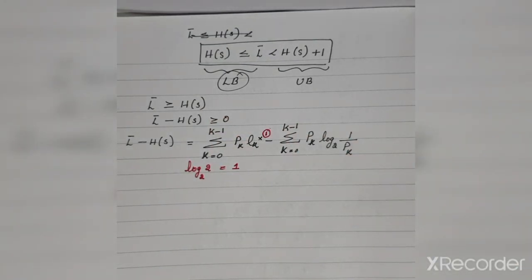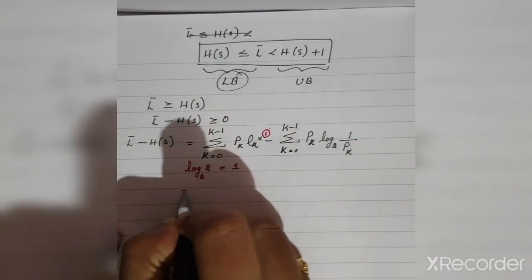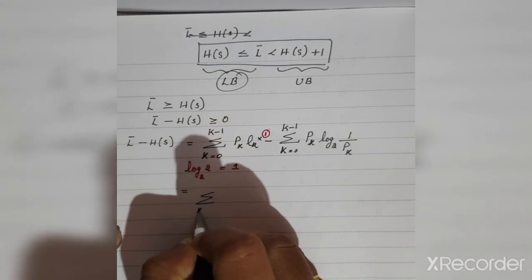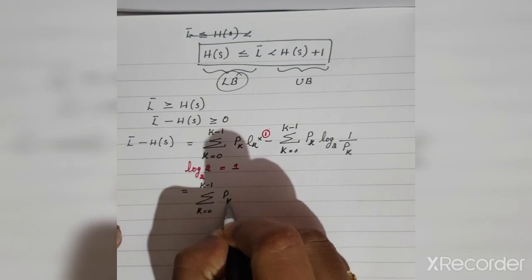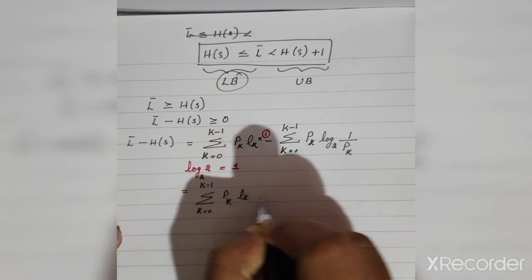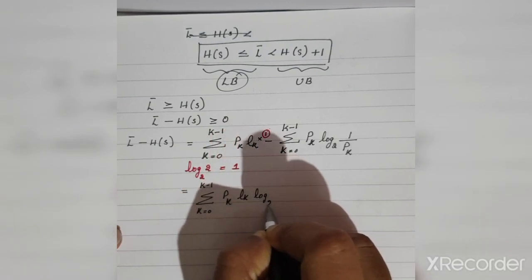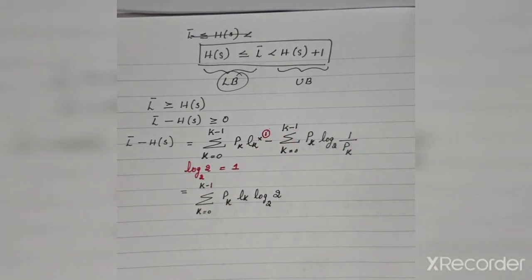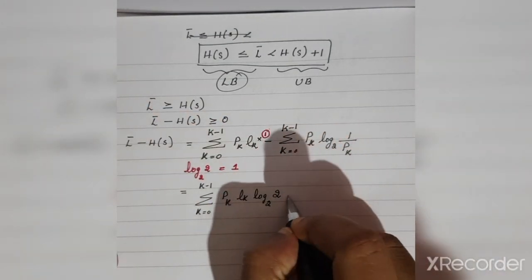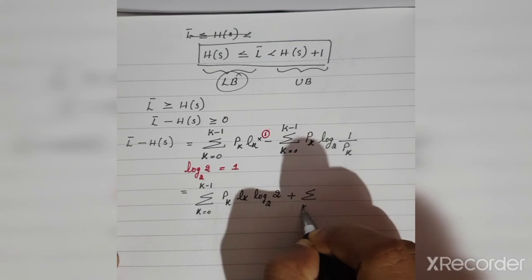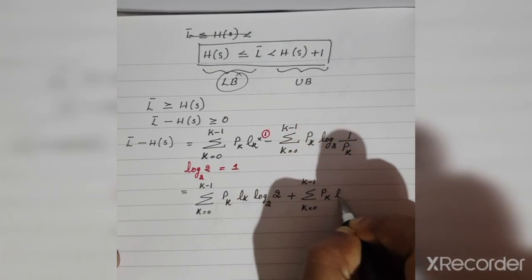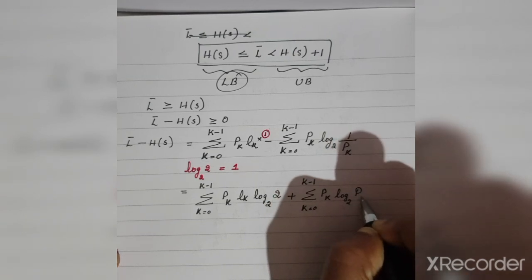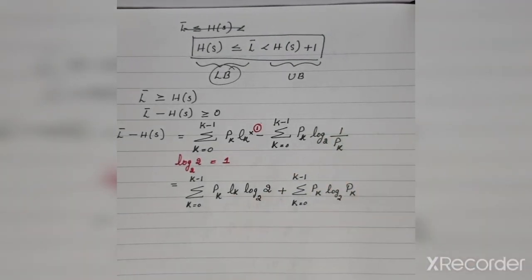Okay, so I'm just rewriting this term as summation k equal to 0 to K minus 1 of pk lk log to the base 2 of 2, and a modification for the logarithm term, k equal to 0 to K minus 1 of pk log to the base 2 of pk. I can write it in this way, right?